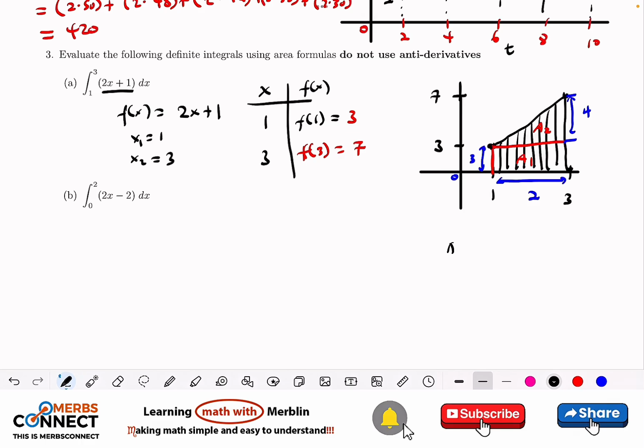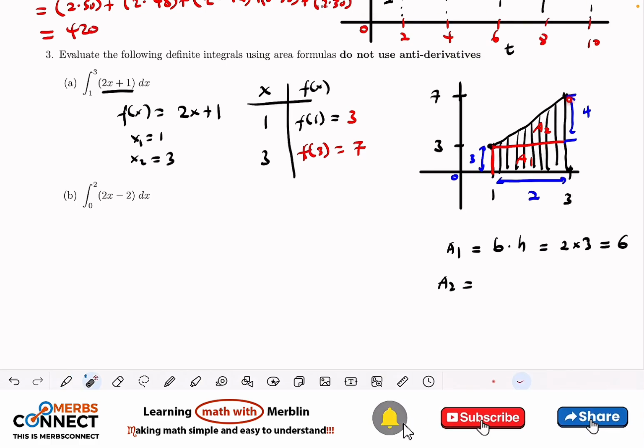For area 1, since the sides are not the same, this is a rectangle. What's the formula for the rectangle? Base times height. So 2 times 3, and we have 6. Area 2 is a right angle triangle, where the base is 2 and the height is 4.